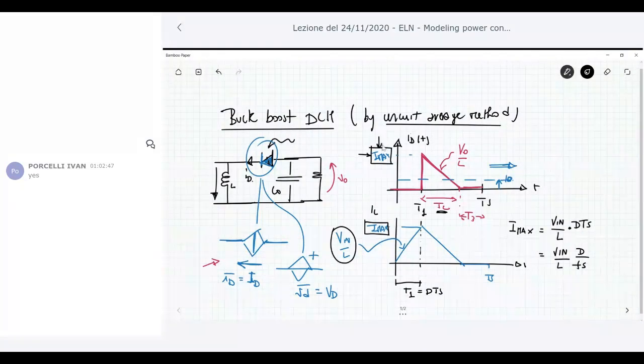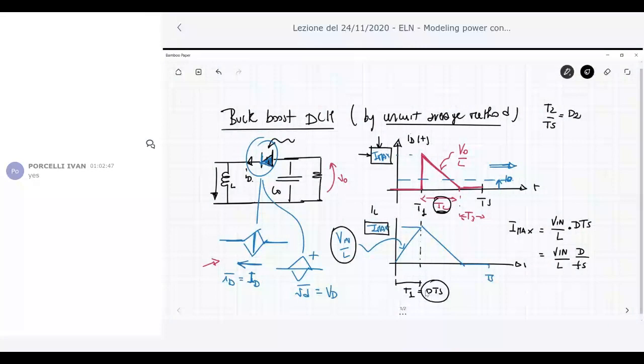Now we have to derive the time interval T2, or if you want, T2 over Ts. And T2 over Ts, let me call this D2. It's not the duty cycle, it is something dimensionless that we can call D2. The duty cycle is just this one, T1 divided by Ts.